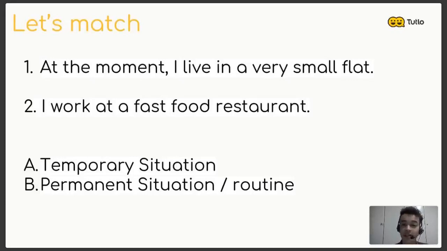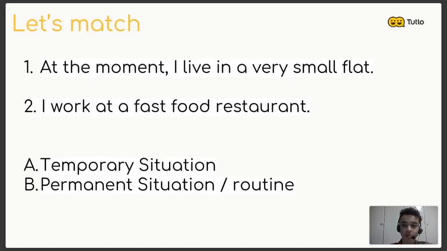Is number 1 a temporary situation, or is it a permanent situation? Please go ahead, get involved, put it in the chat, and that way you can practice it on your own as well, and you're not completely relying on everything I say, and you're going to be able to practice what you learn. So number 1, at the moment I live in a very small flat. Is that a permanent situation or a temporary situation?